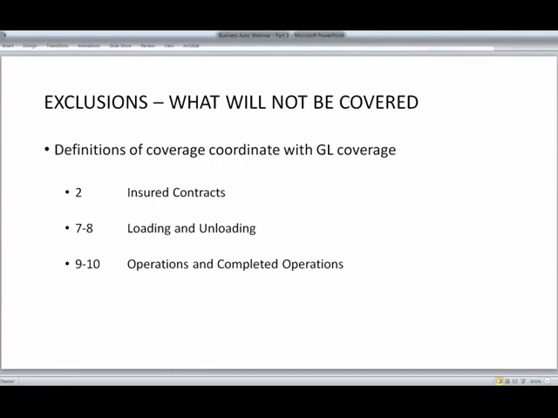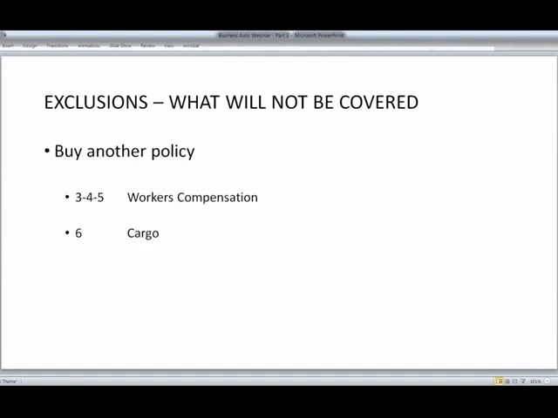Obviously, the auto liability and the general liability are the 2 coverage forms that address the business's liability exposures. And lastly, we tell them to buy another policy to cover the work comp exposures and property in their care, custody, and control. So let's look at each one of these as we go through.